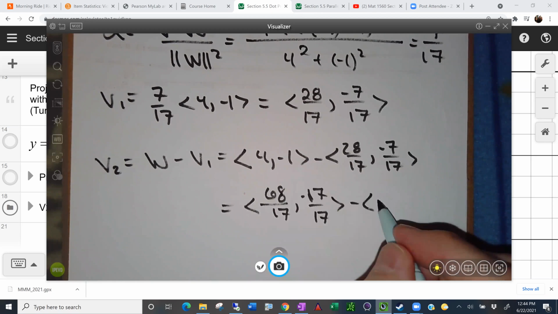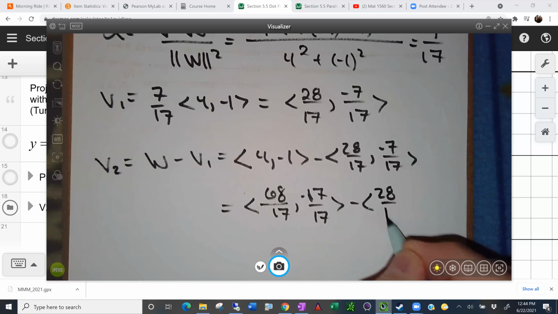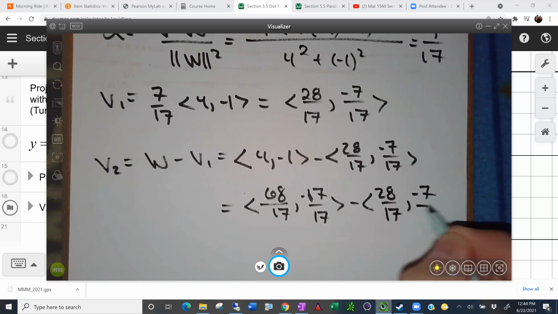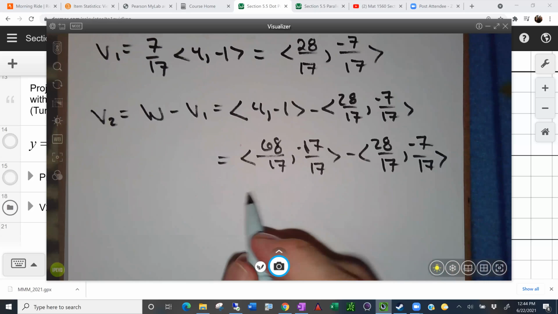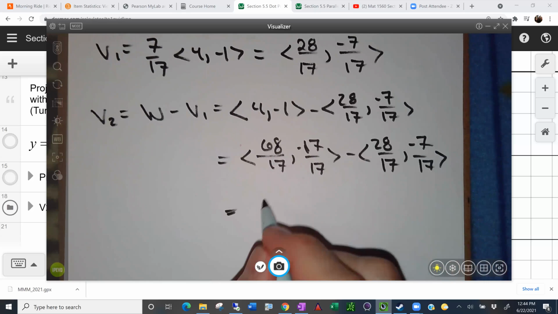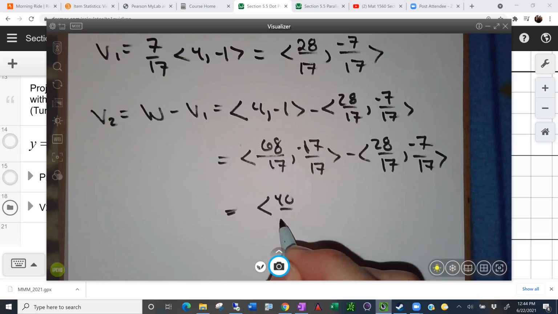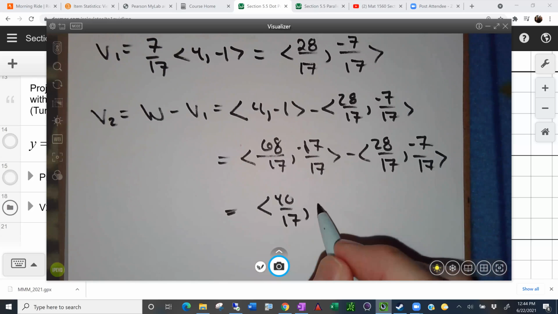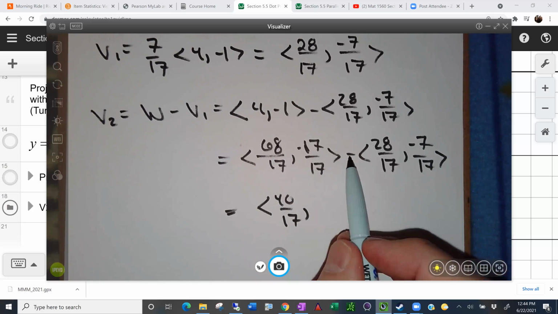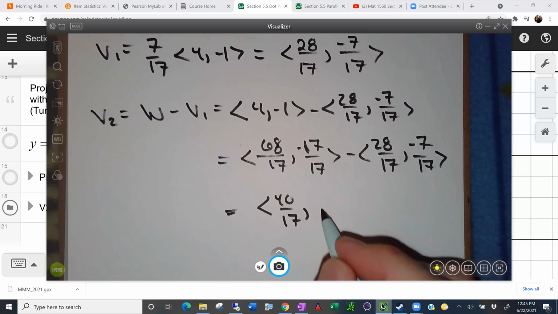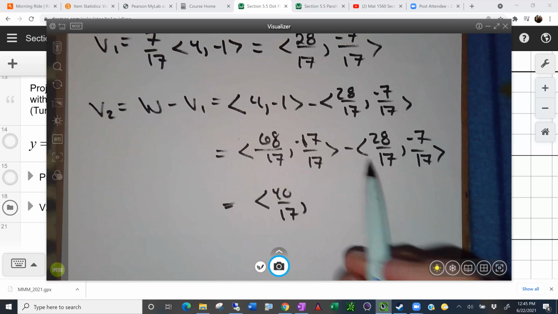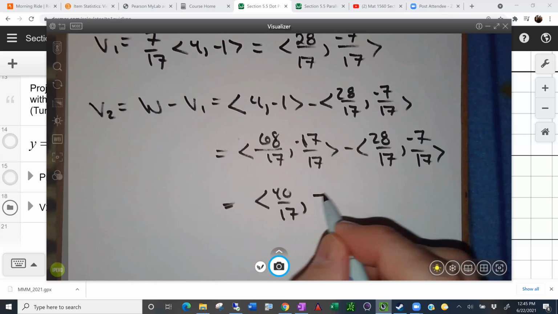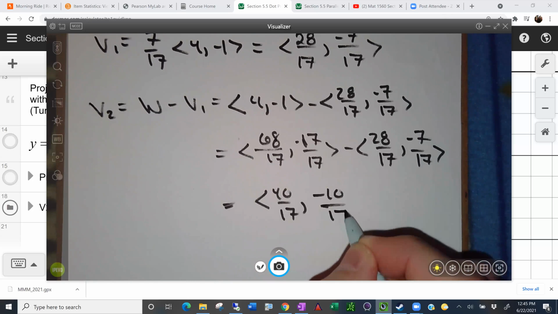We'll subtract off V1 from there. When I subtract here, I end up with 40 over 17. And minus 17 becomes a plus, right? So there'd be minus 10 over 17.